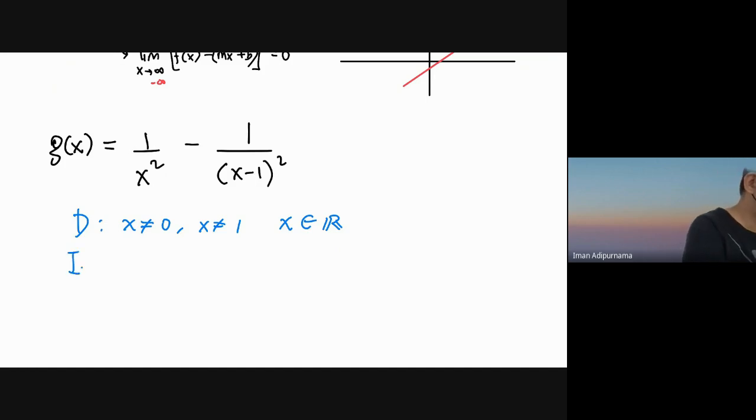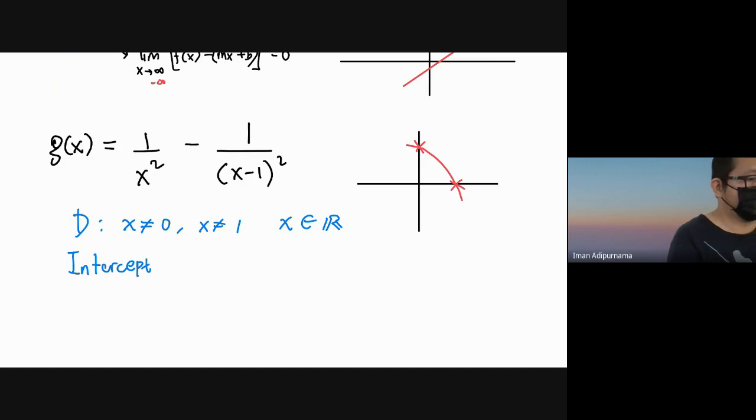And then we can find the intercept. If you are confused about what intercept means, intercepts means we need to find the point that is crossing y or crossing x. That is the x-intercept and y-intercept. So we set y equals 0 and find which x, and we set x equals 0 and find which y. That will be the intercept.